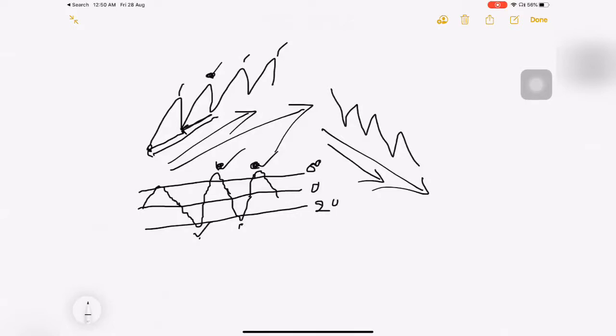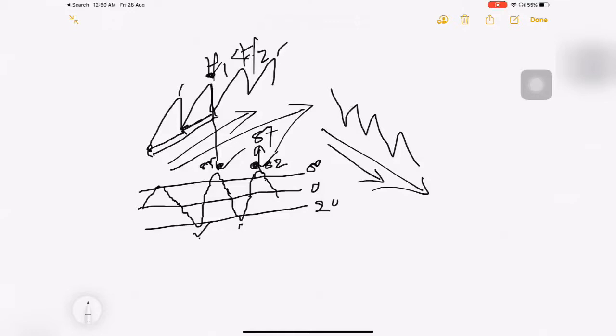But you see here, the market is up. This is a high, this is also a high. Here the RSI level may be 85, but here it may be 82. The high 2 is greater than high 1, so the RSI should have gone to, suppose, 87, but it did not.